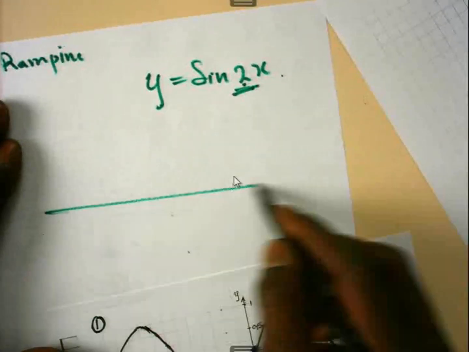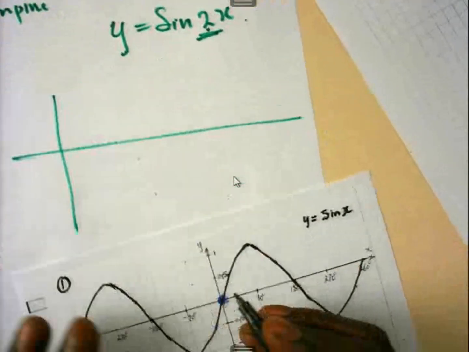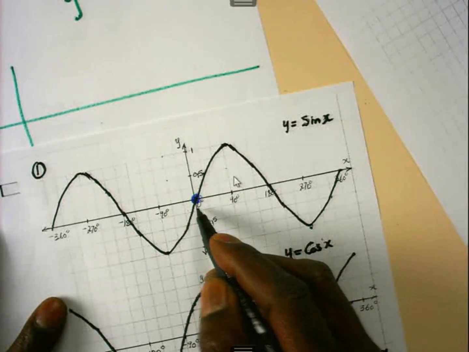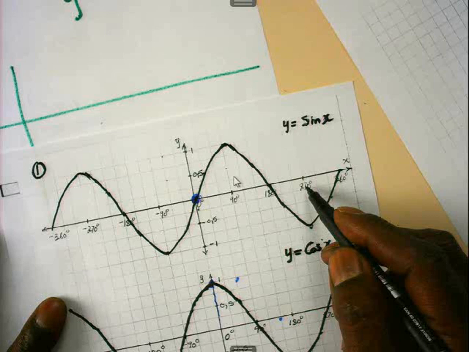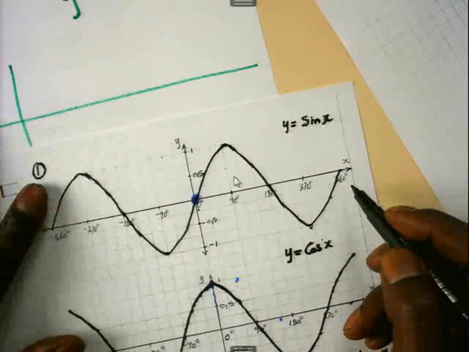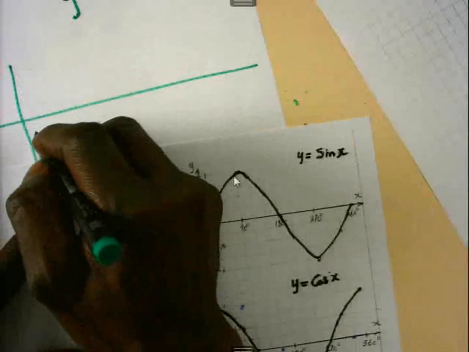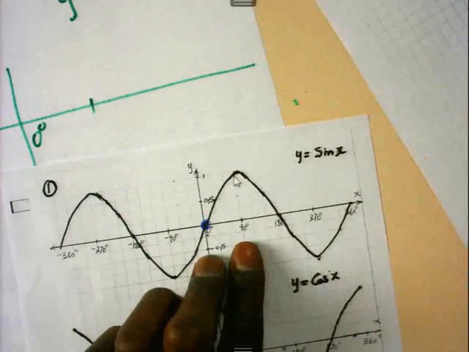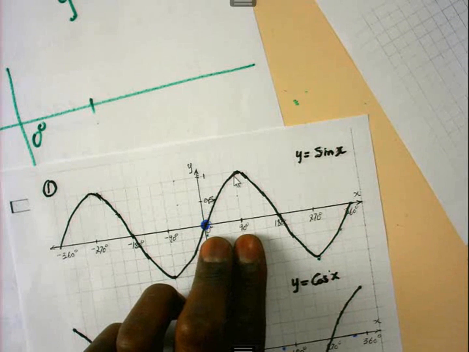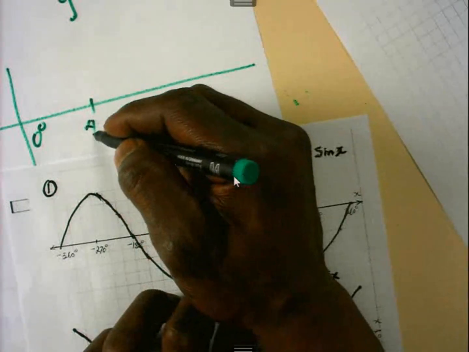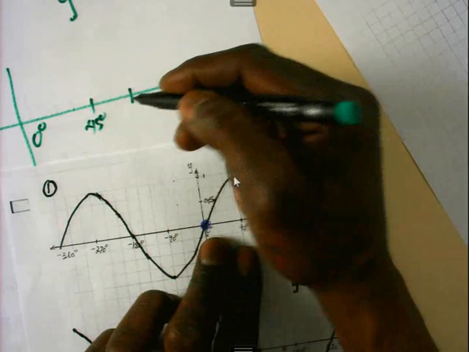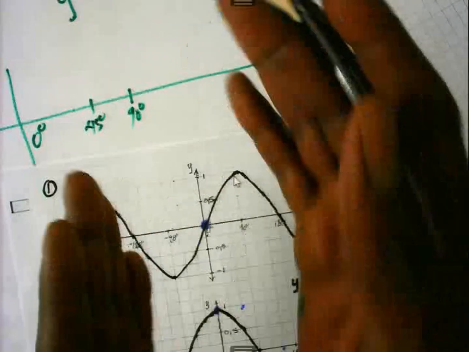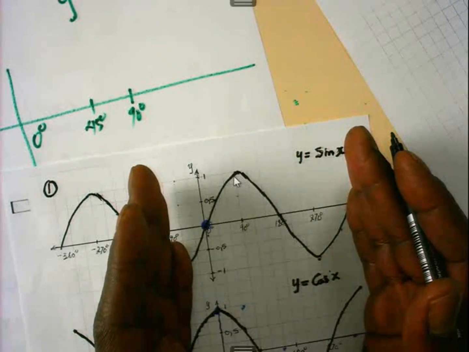In the original graph, we have multiples of 0, 90, 180, 270, 360. In this case, we'll have 0 degrees there, but the next multiple, that will give us 90 degrees, must be 45 degrees. The next one must be 90 degrees. So this is changing the scale of the mother function.